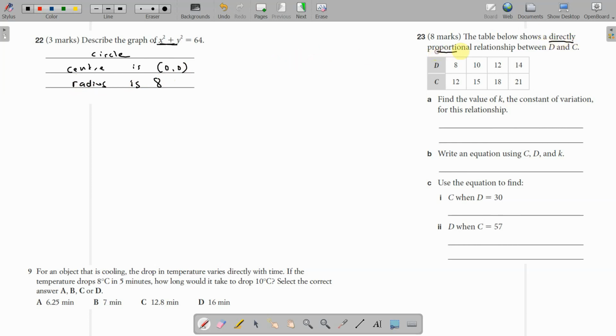Directly proportional or varies directly. Same thing. And the steps are the same for each question.